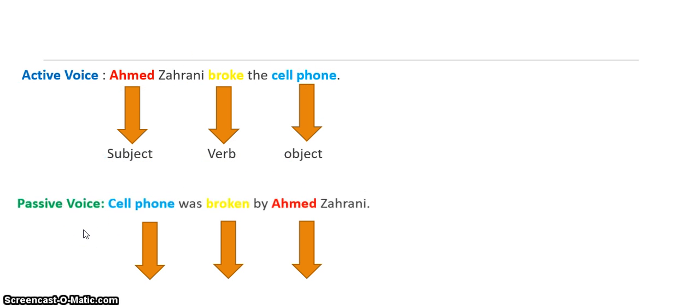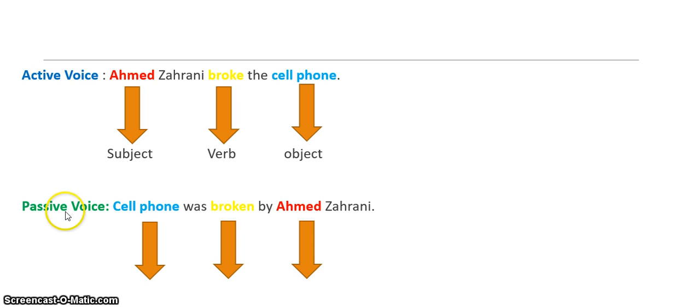Now see the second example where we have used the passive voice of the same sentence. Here the cell phone was at the last object position, but when we made passive voice, we brought it to Ahmed Zahrani's position, which before was the subject position. Now where is Ahmed Zahrani?